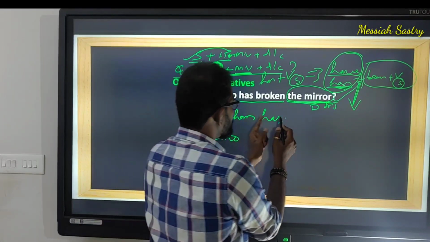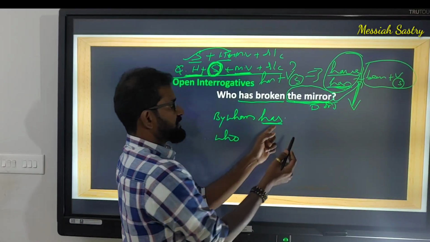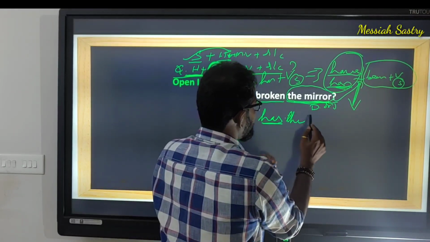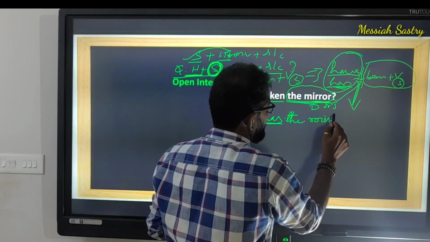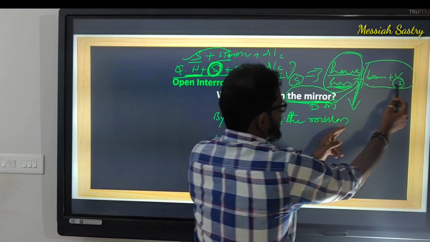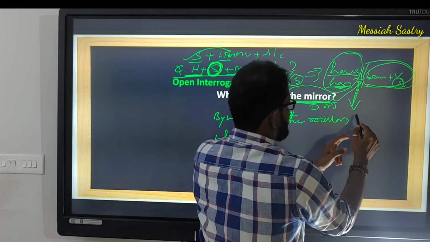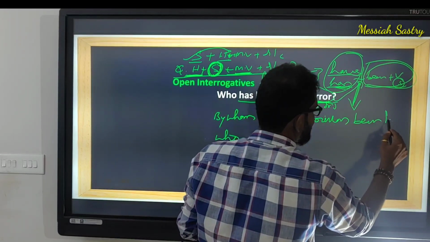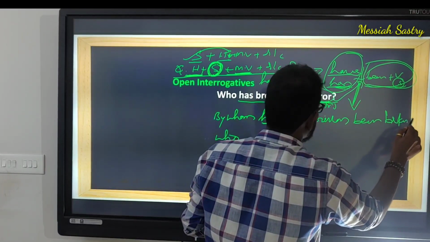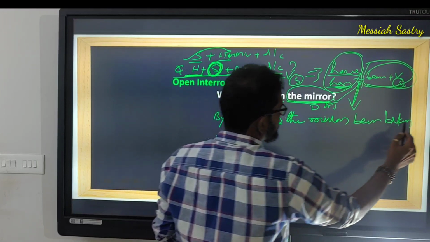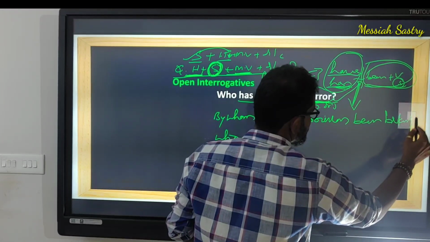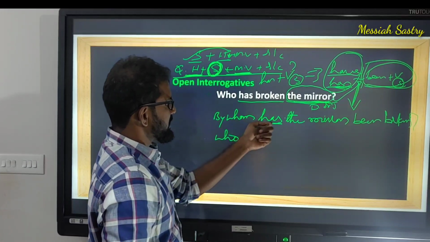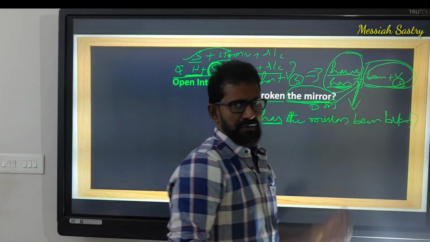Now, by whom, has, so the helping verb has to come, and now place the subject, the mirror, and write the main verb form, been broken? Question mark. So by whom has the mirror been broken?